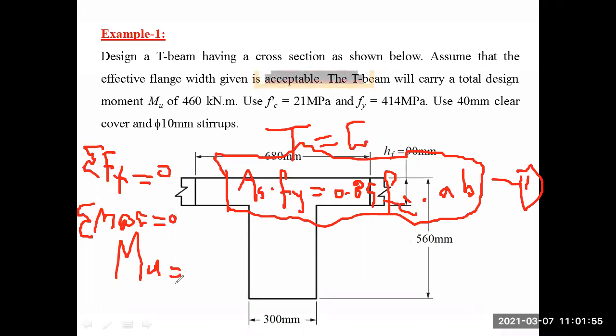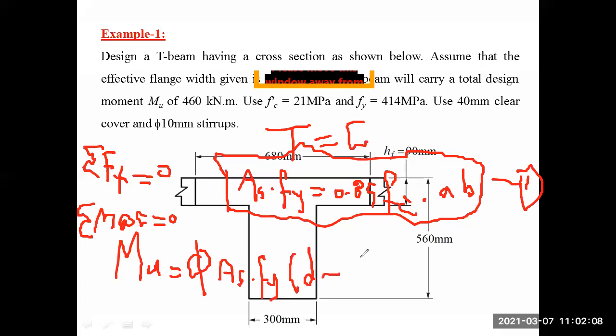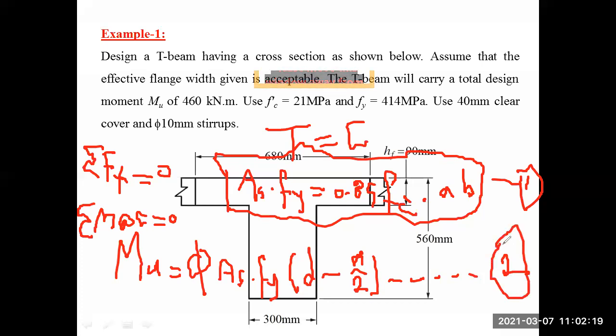So you will end up with this equation, which is Mu is equal to phi times As times fy times d minus a over 2. That's all. These two equations are the equations that we need for analysis and design. Nothing else is needed. Okay, nothing else.